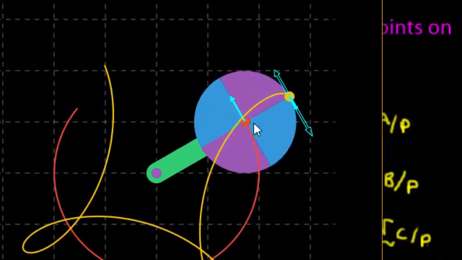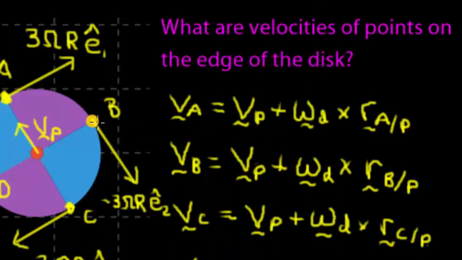You'll notice that velocity at point B is the vector sum. Here's VP, the same as the velocity at point P. And then the velocity of point B relative to P is in the exact opposite direction. That's what we said over here, right? The relative velocity is in the opposite direction of VP.